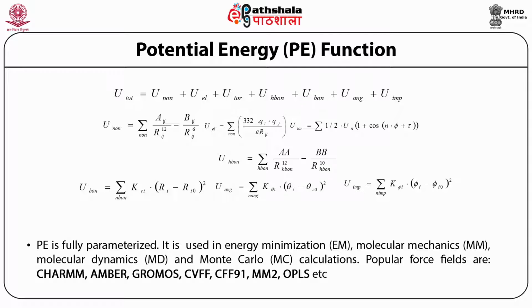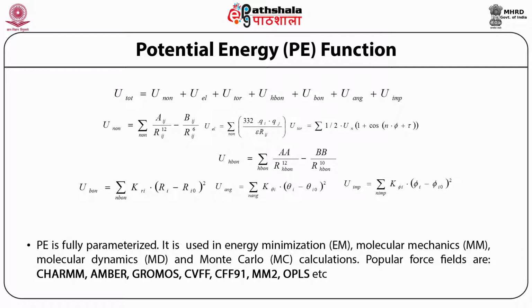Whereas electrostatic potential is given as 332 Qi Qj by Rij, where Qi and Qj are the charges on the two atoms i and j, and Rij is the distance between them. A torsional potential depends on the torsional angle, the barrier to the rotation, and the characteristics of the bond. So it has different forms. A generalized form is shown here.